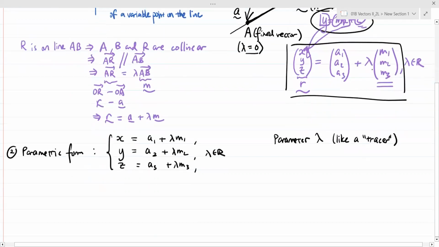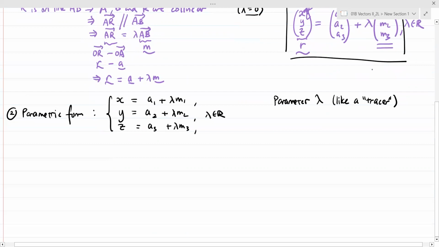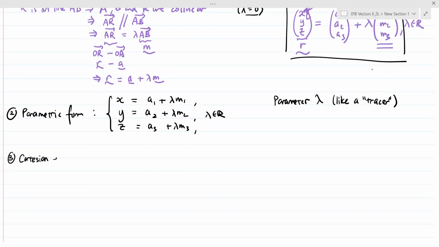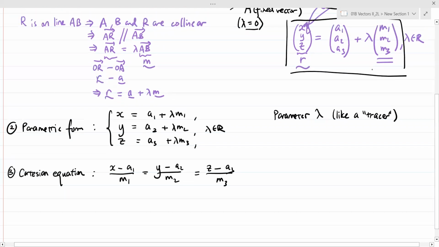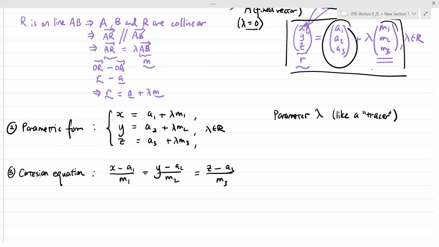It looks a bit complicated still. The Cartesian equation is x minus a1 over m1 equals y minus a2 over m2 equals z minus a3 over m3, where the a's are from the fixed point position vector, and the m's are from the direction vector.